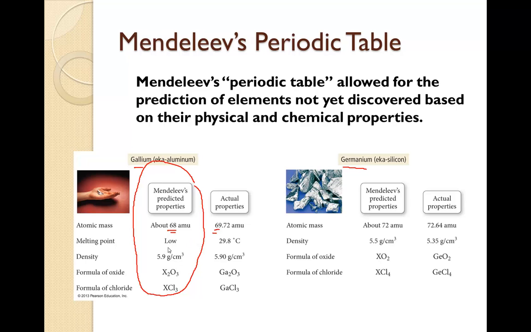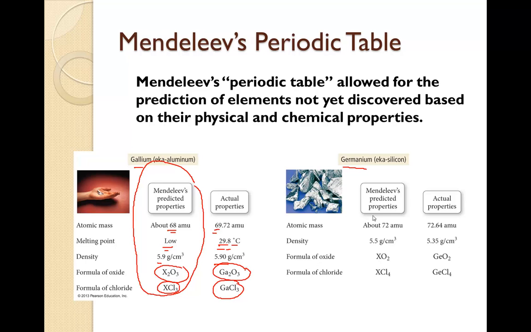It has a very low melting point, which its actual property is 29.8 degrees Celsius, which is still fairly low. Density he thought would be 5.9, and that was right on. And here's some reactivity formulas. The ratios were exactly what Mendeleev thought it would be.